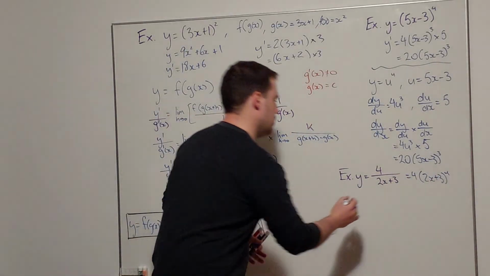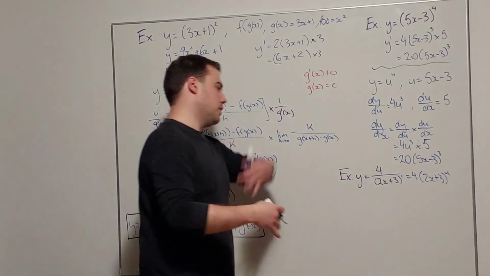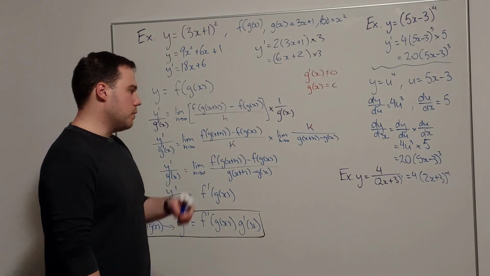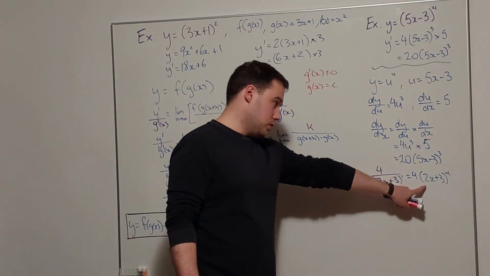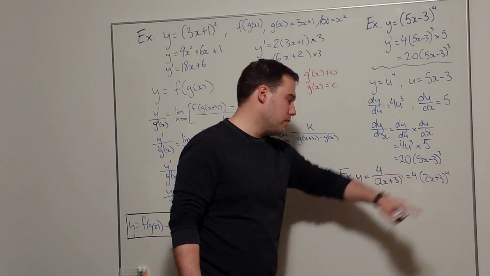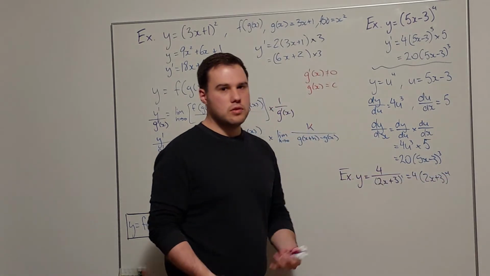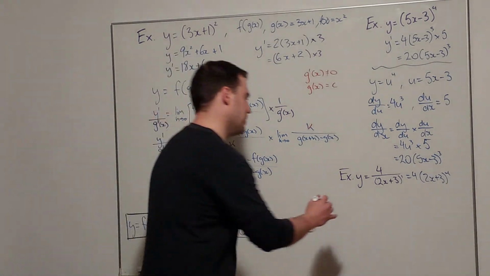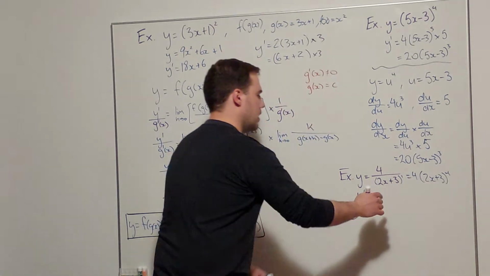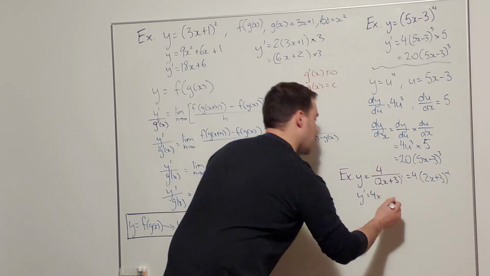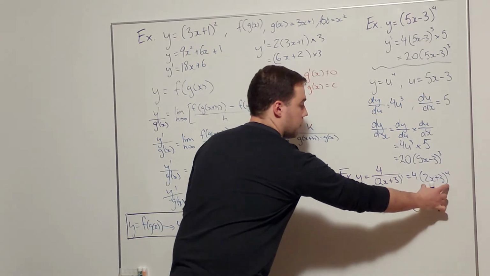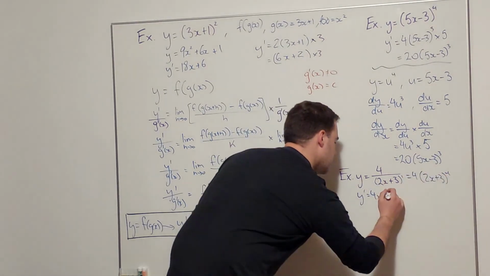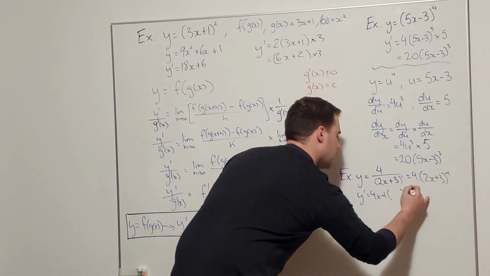So 2x plus 3 to the positive 1, bring it up into the numerator, change the sign of the power, and now we've got a constant multiple times a function of a function, which we can use the power rule for, but also the chain rule that we've just learned. So we're going to have constant multiple 4 times the derivative, using the chain rule, of the brackets, which is this function to the negative 1. So bring the power down, negative 1, and then subtract 1 from the power.